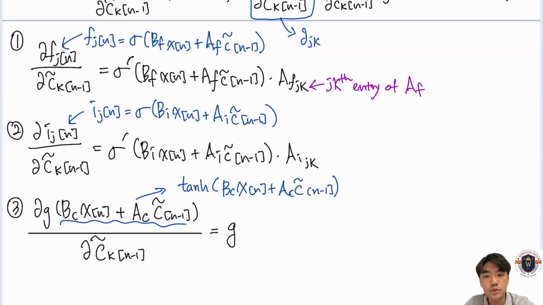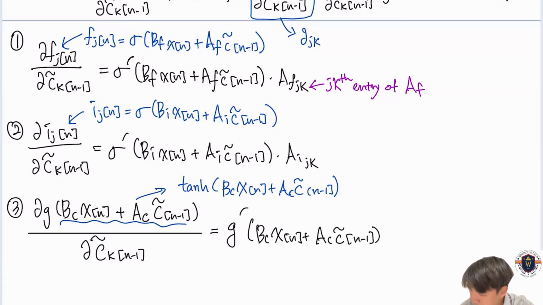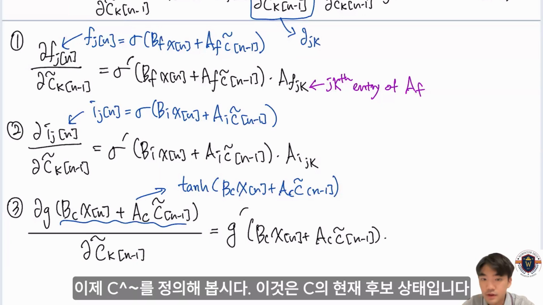Now this is actually the hyperbolic tangent of B C Xn plus A C C tilde n minus 1, right? So we can just get the derivative of this.